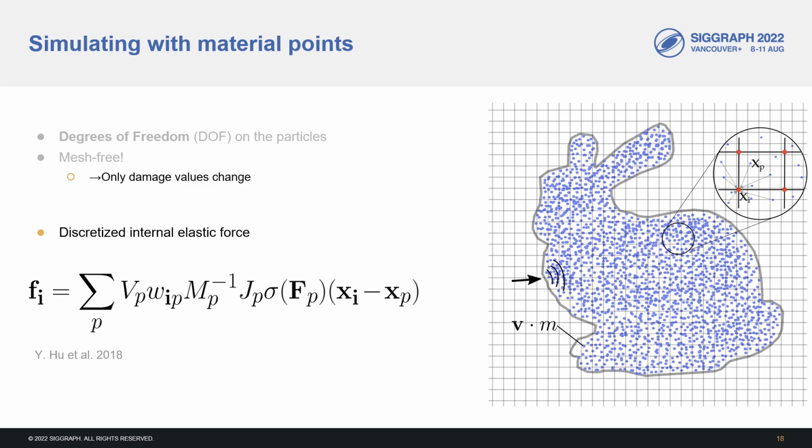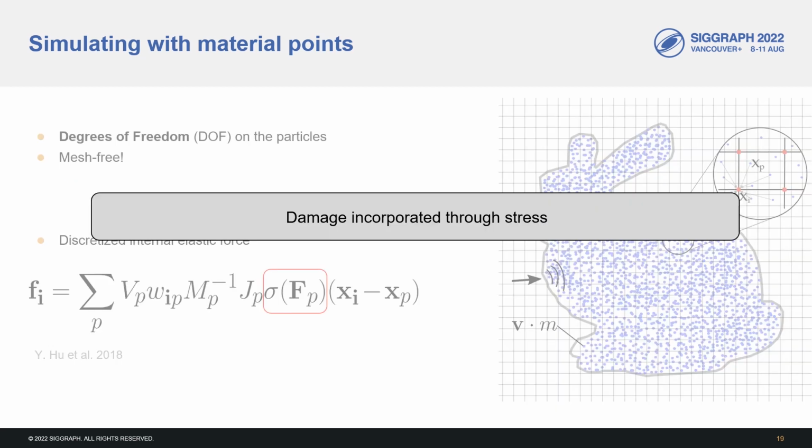And now the idea is that the fracture problem can be defined in such a way that the only property that matters about the nodal force due to each particle is the amount of damage on that particle. And this means that we can adopt any standard material point formulation with little to no modification to be able to simulate fracture. So we will only need to modify the stress to incorporate the effect of damage, essentially.